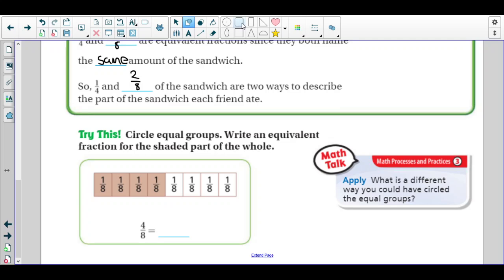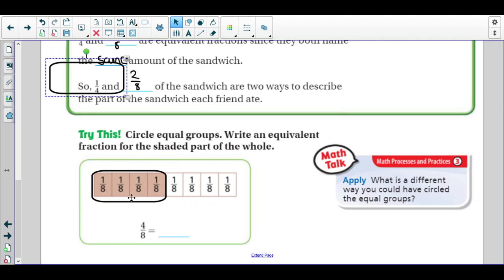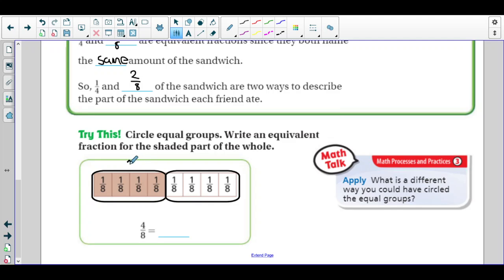So I would say in this one right here, since we have 4 that are shaded, and then 4 that are not shaded, we have 2 groups. And one of those groups is unshaded, and one of the groups is shaded. So 1/2.